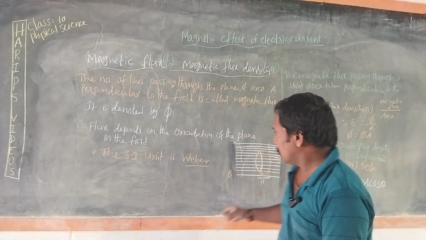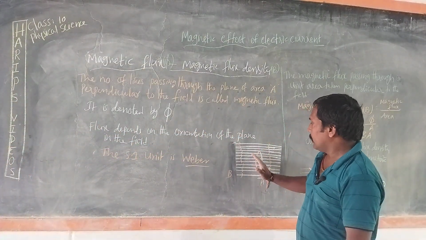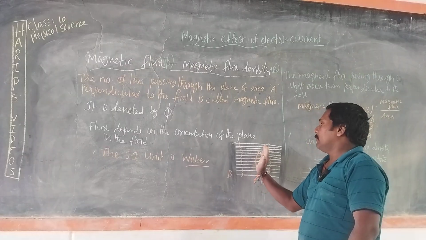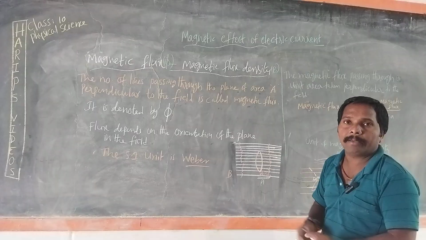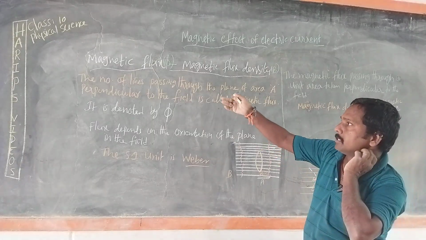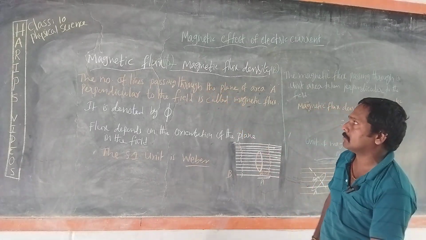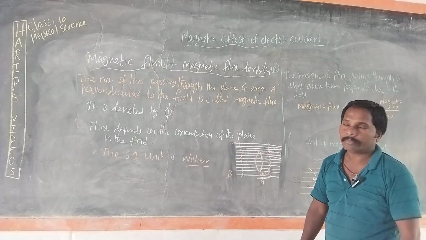Flux depends on the orientation of the plane in the field. Here the plane is perpendicular to the field. If it is made at some other angle, or if it is parallel, then what will happen? The number of lines passing through the plane area will be different.